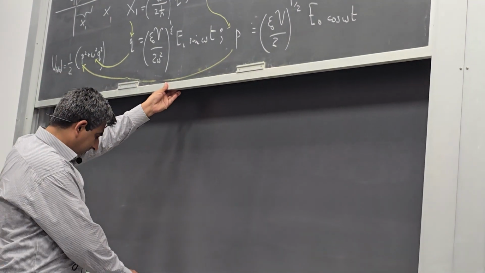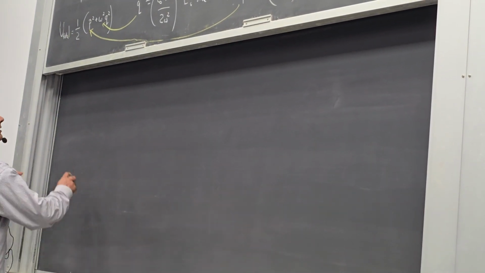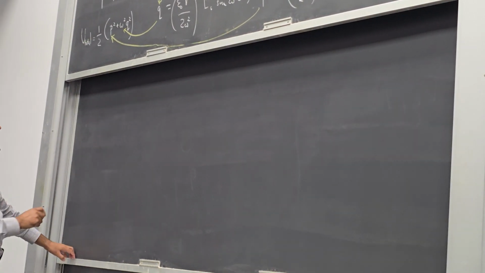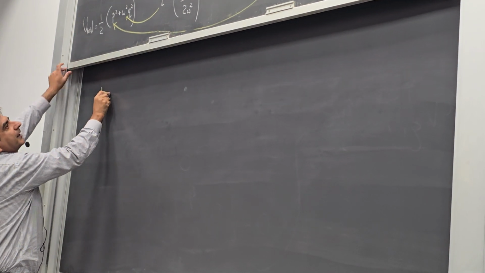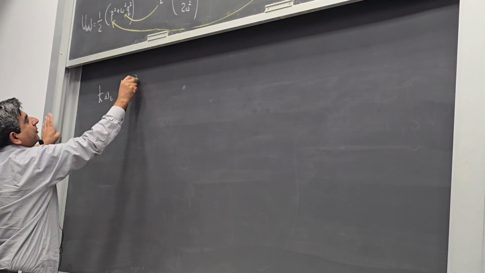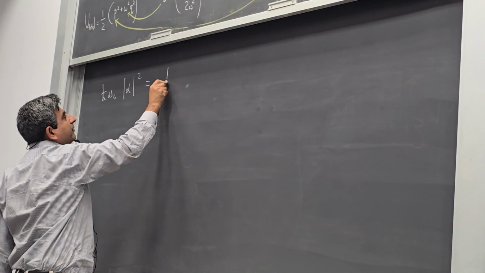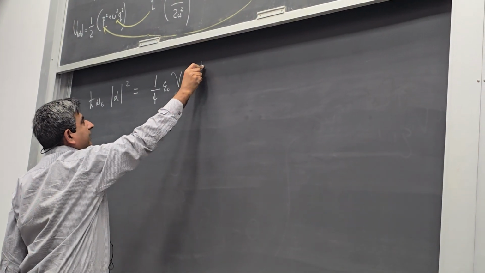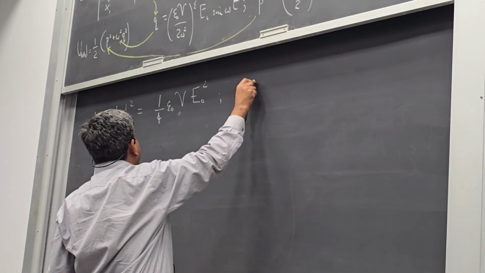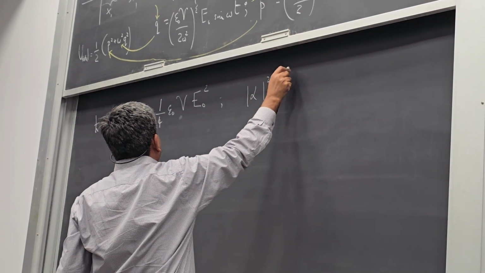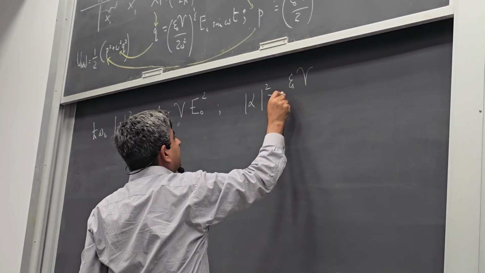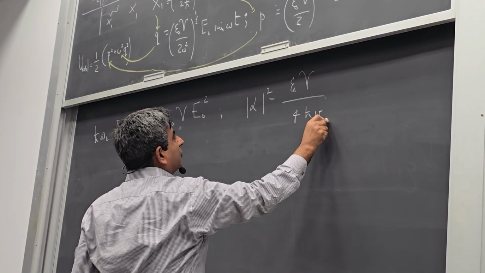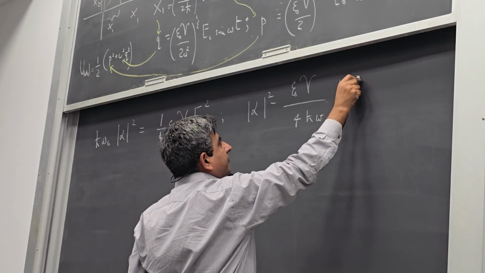So this also tells us that h bar omega naught alpha squared equals 1 over 4 epsilon naught v E naught squared, and alpha mod squared is epsilon naught v over 4 h bar omega naught E naught squared.